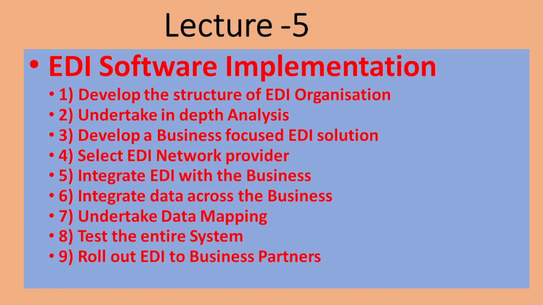Once the EDI is integrated, we integrate the data of all the business locations we have, and later the data is mapped, then the system is tested, and now the EDI has to run in the rollout on the systems itself. They will check all these steps before implementation of EDI software.